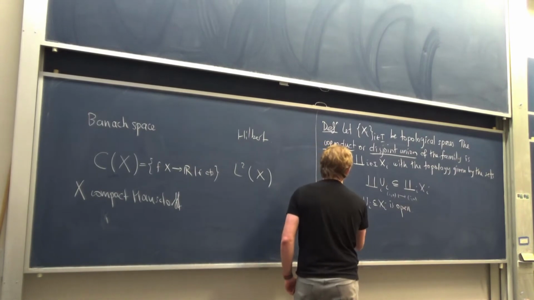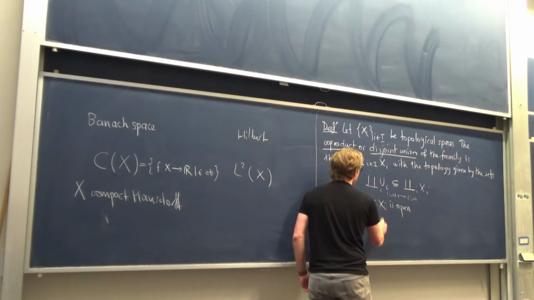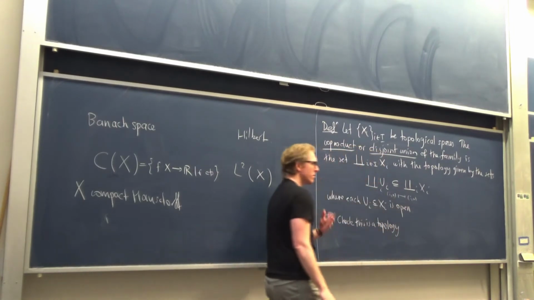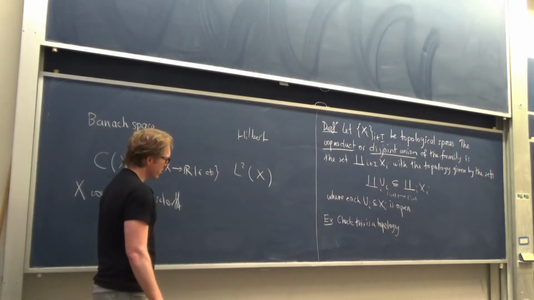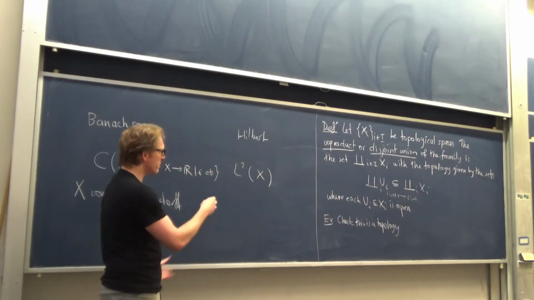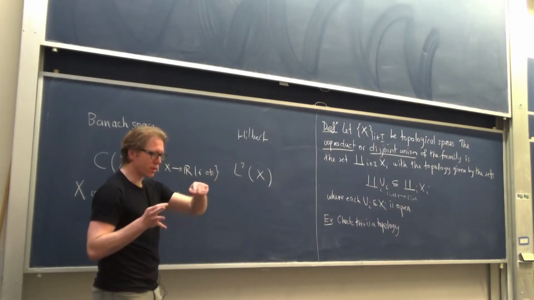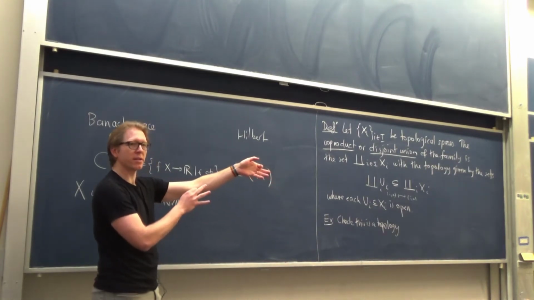Okay, so exercise: check this is a topology. It's just routine. It's not really worth our time doing in class. You just have to think about what happens if I take an infinite disjoint union and intersect it with another infinite disjoint union. Just write down what that intersection looks like.